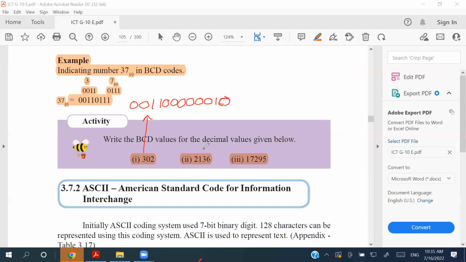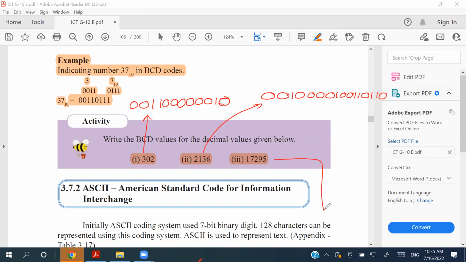And this one: for 2, we can say 0010. 1, we can have 3 zeros and 1. And 3, 0011. And 6, 0110. That's going to be the second one.